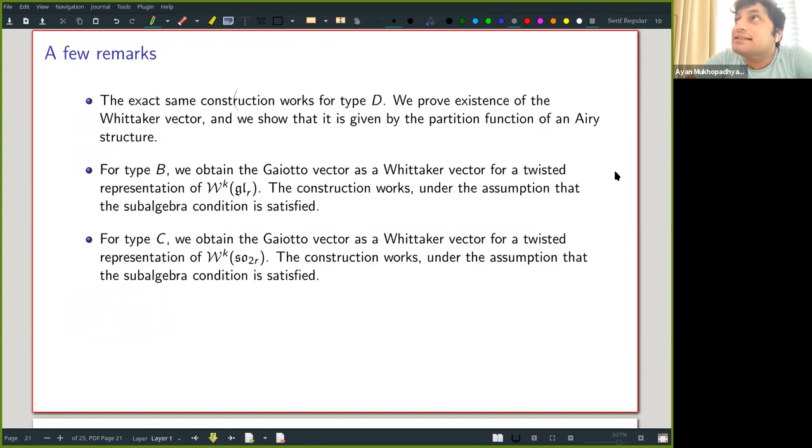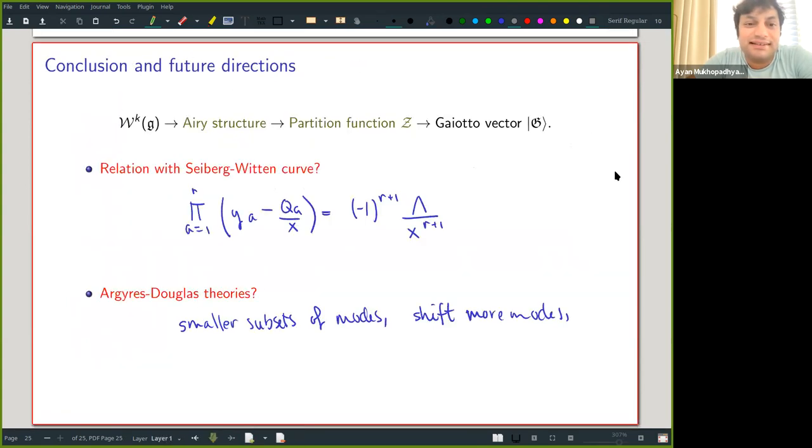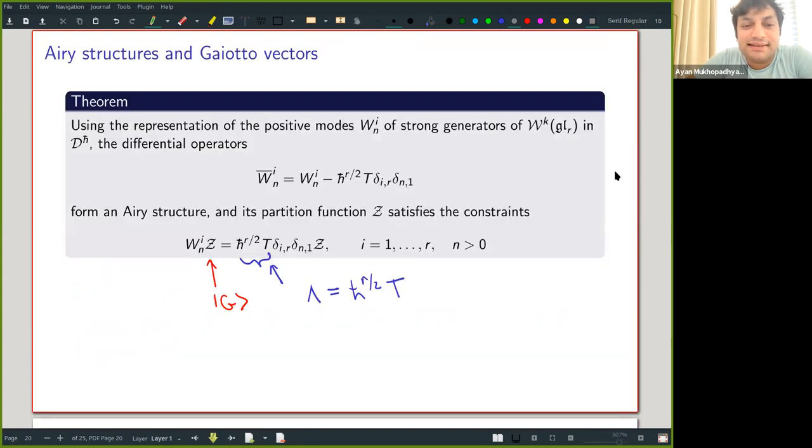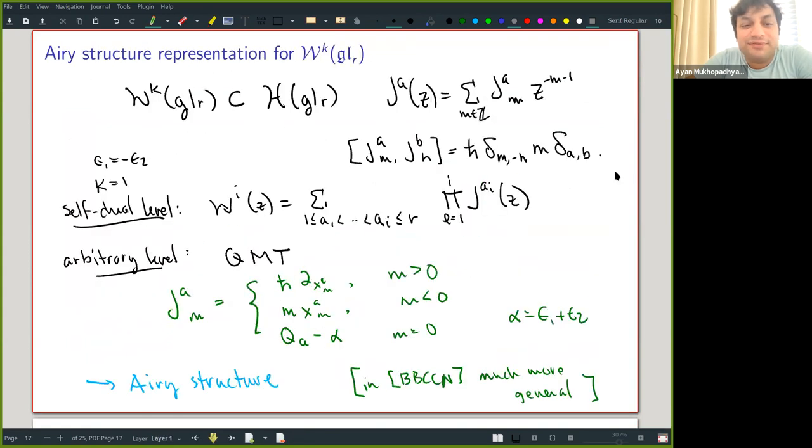I was just trying to understand some kind of physical interpretation of this recursion relation, so that it can be reinterpreted in some physical language. In a sense, we're writing the Gaiotto vector as the exponential of this expansion in h bar. That's what this g index is. From there, you can also write down an expansion for the instanton partition function, and then interpret these coefficients in terms of instanton counting.